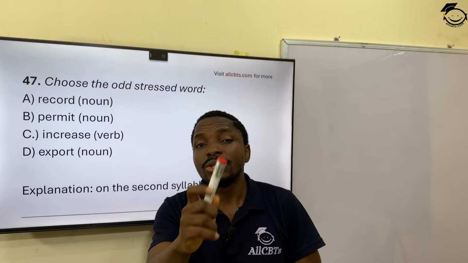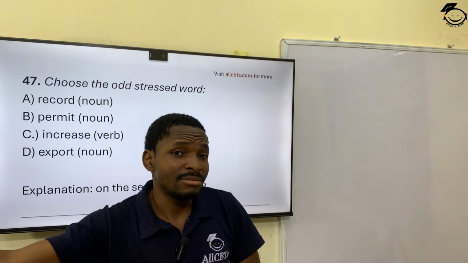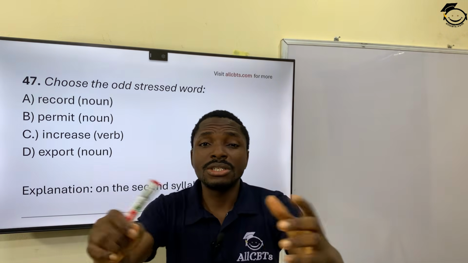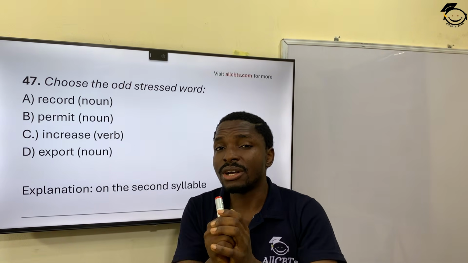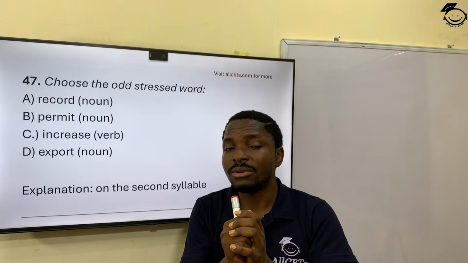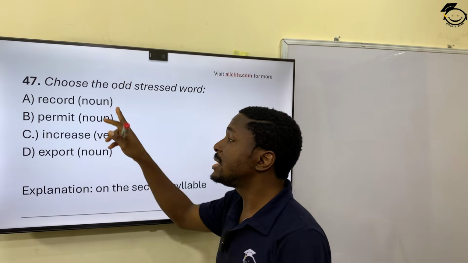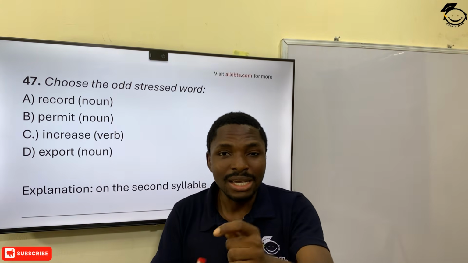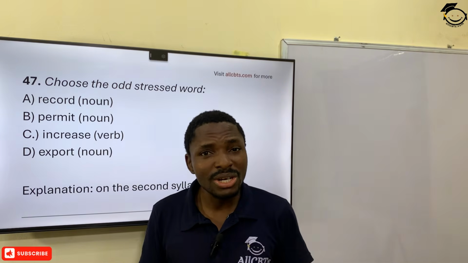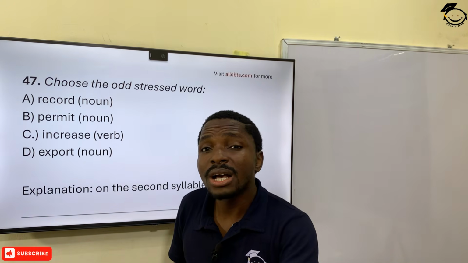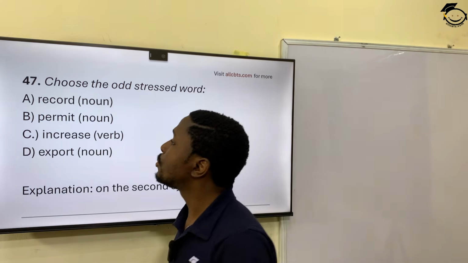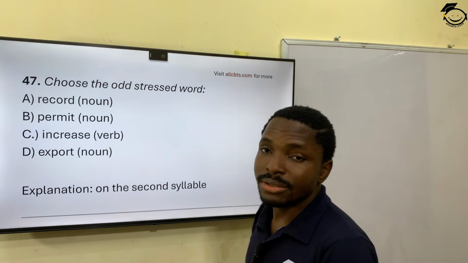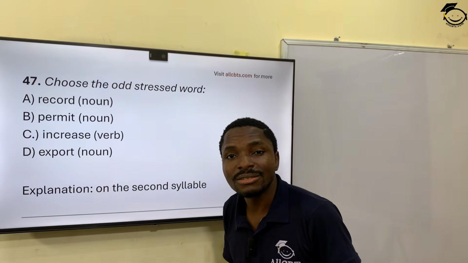Remember that there is also record, which is record this album, record this track for me, an action word. But in this particular case, it's record, like a track, a noun, the name of something. Because a track is the name of a musical tape or something. So, record. Where is the stress on record?